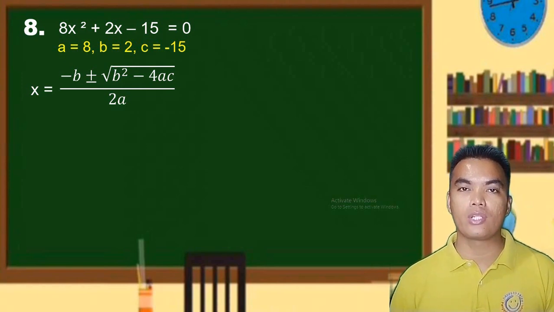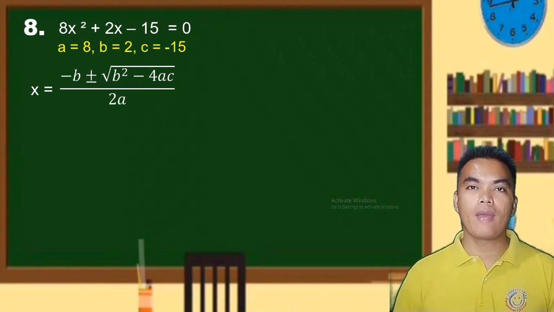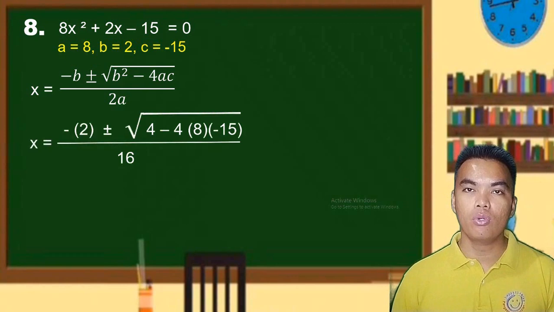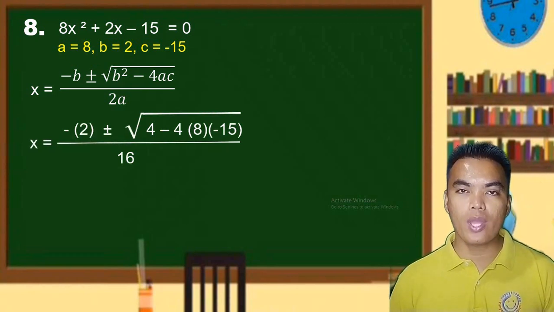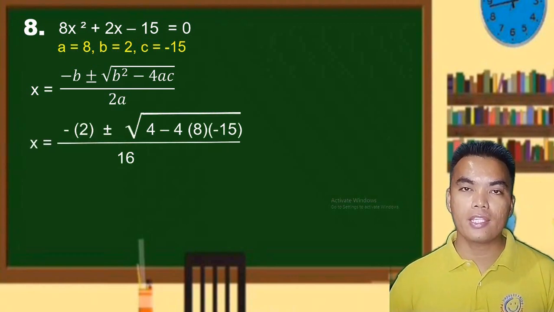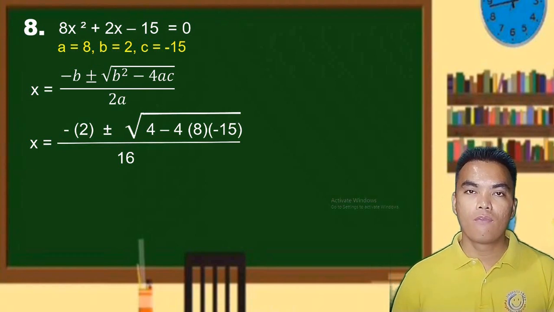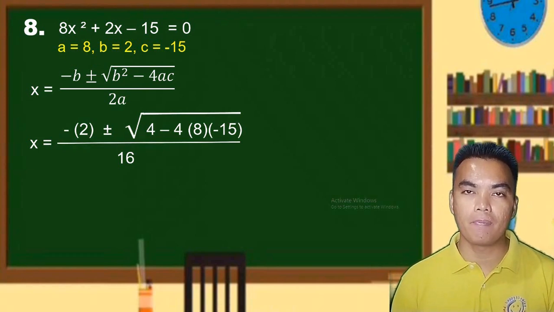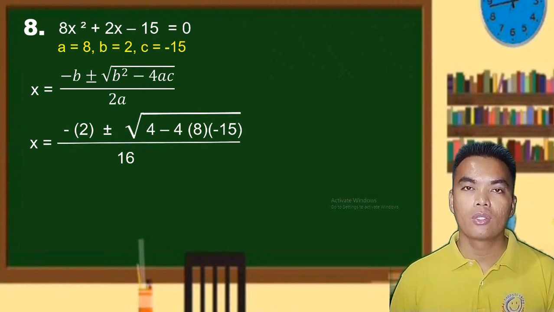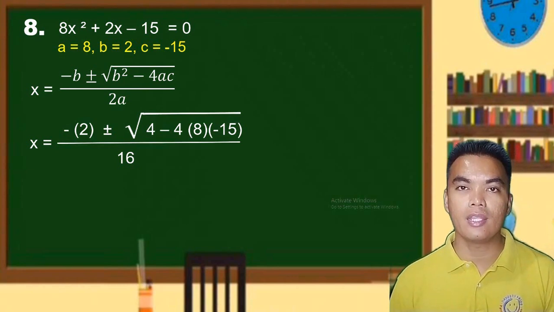So we have (-2 ± √(2², which is 4, - 4 · 8 · (-15))) / (2 · 8), and that is 16.